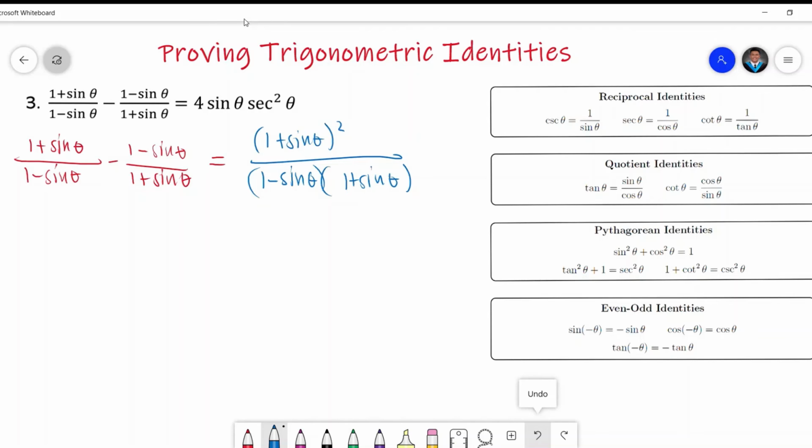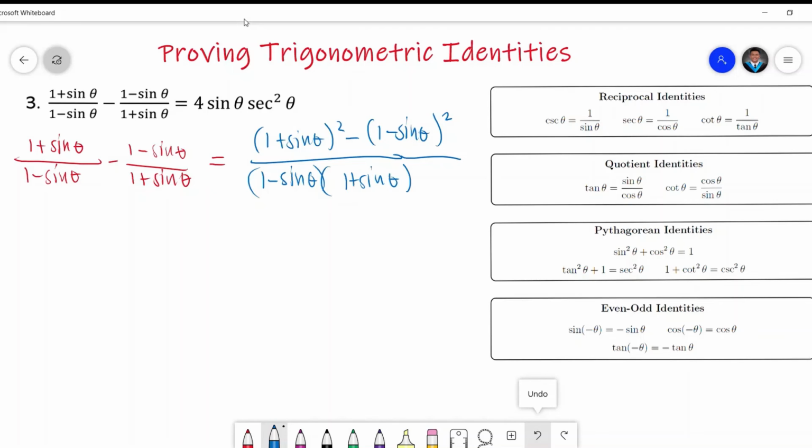Then doing the same process on the second term, we divide our LCD by the denominator 1 plus sine theta, that will give us 1 minus sine theta, then 1 minus sine theta, we multiply by the numerator, and that will give us minus quantity 1 minus sine theta squared.